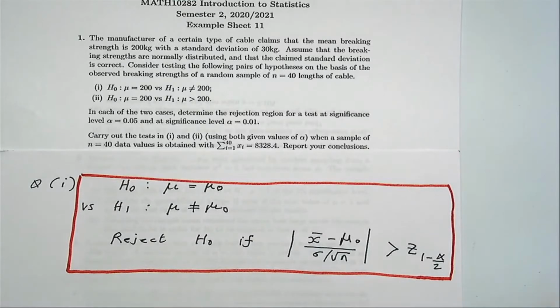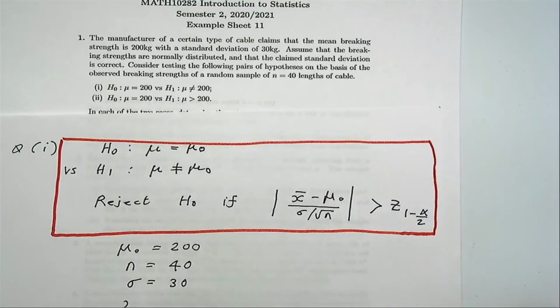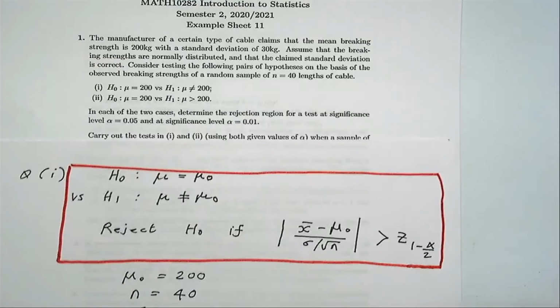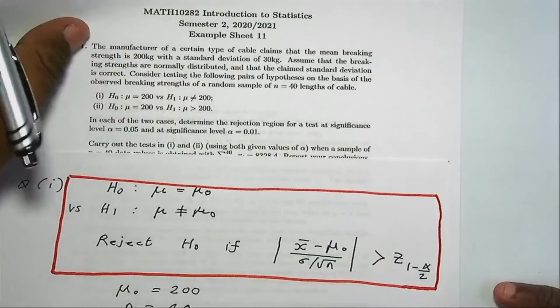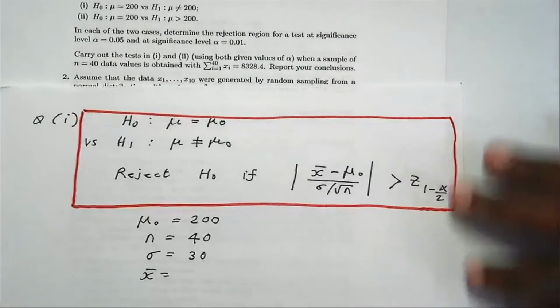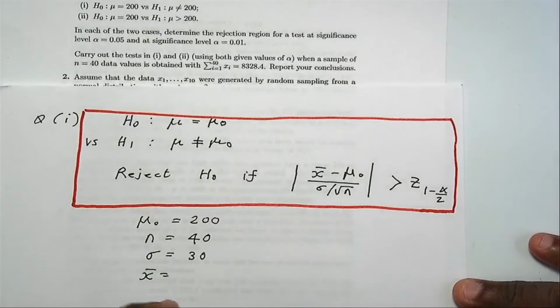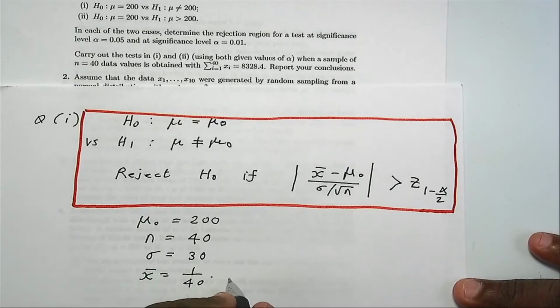So we are told that mu0 is 200. We are told that n is 40, and sigma is 30. X bar is the sample mean, and we are given the value for the sum of xi, so it's going to be 1 over 40 times the sum of xi, which is 8328.4.